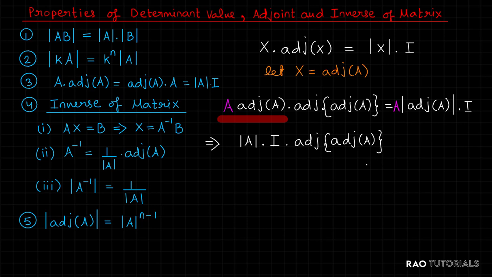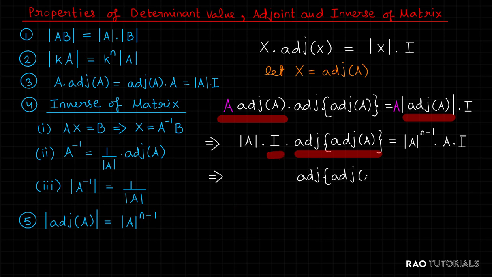And in the right hand side, the value of this expression is determinant A to power n minus 1. Now multiplying this matrix with identity, we get the same matrix. And A into identity is A. Cancelling out these scalars, we get this result.